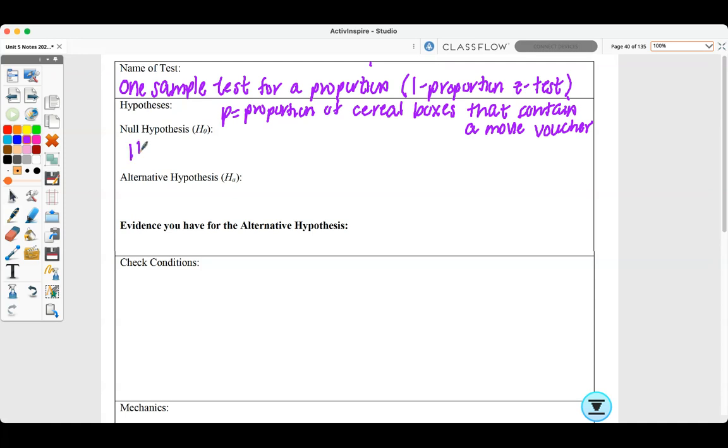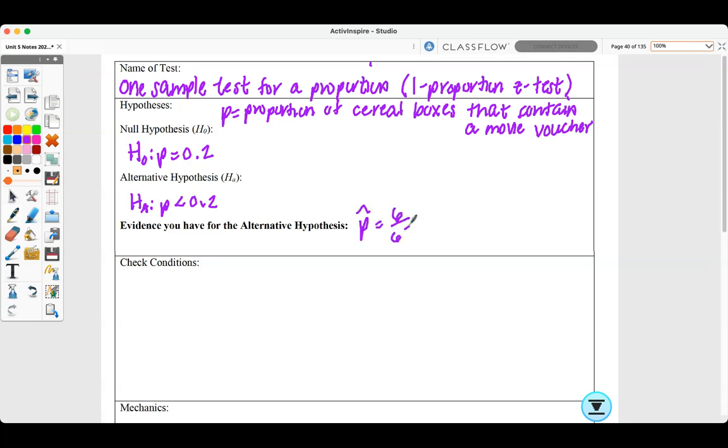So our null hypothesis would be p equals 0.2. Our alternative hypothesis, our competing claim, is that p is less than 0.2.